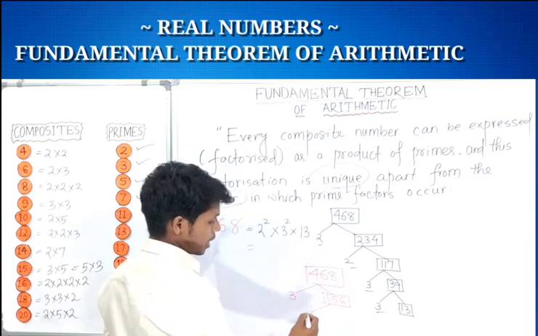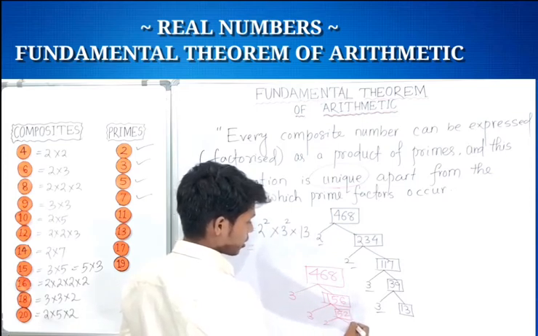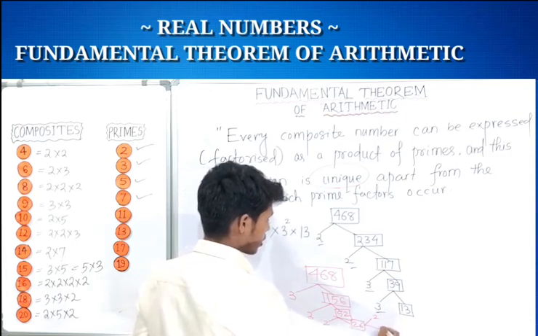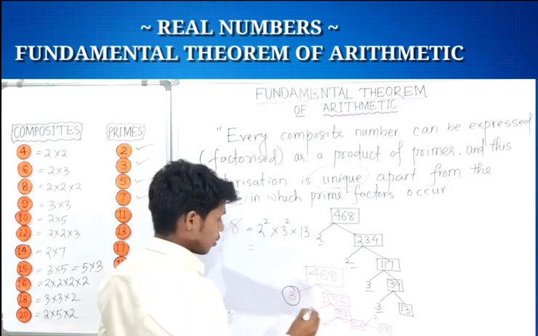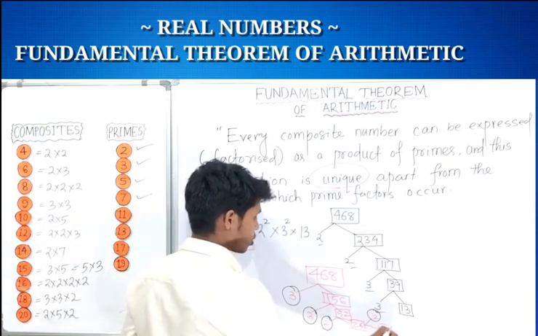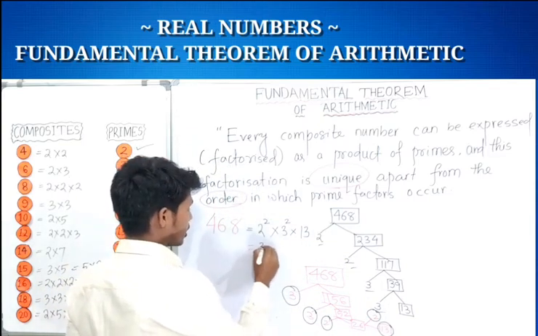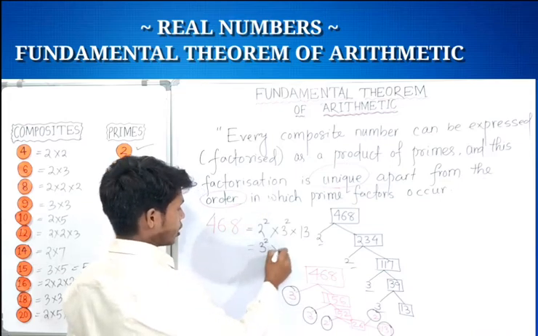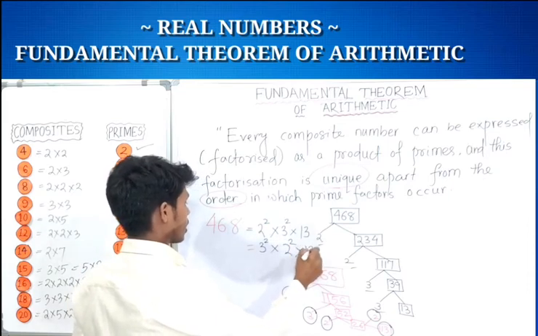Now we will again divide it by 3, we will get 3 5s are 15, 3 2s are 6. Again let's divide it by 2, we will get 26. If we divide 26 by 2, we will get 13. So here we got again two 3s, two 2s and one 13. So it can now be written as 3 squared. Firstly we had got 3, so I wrote 3 first, then 2 squared and again 13.